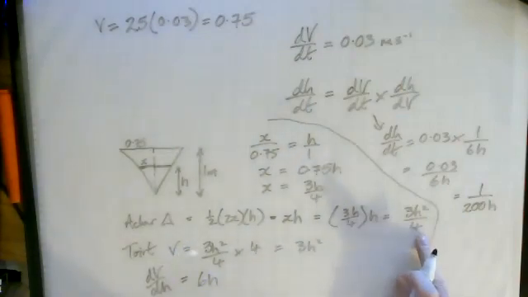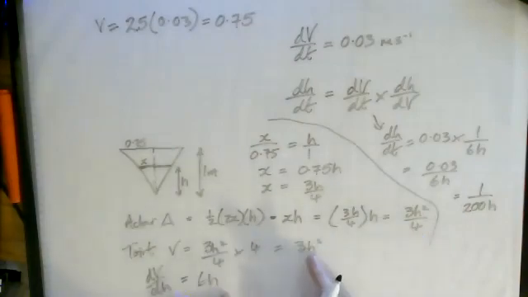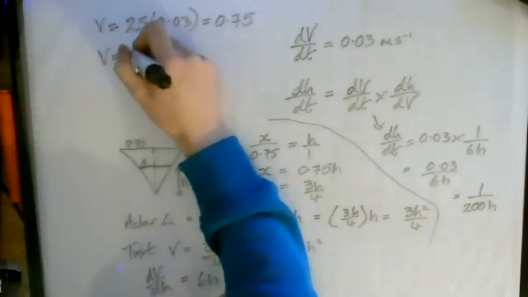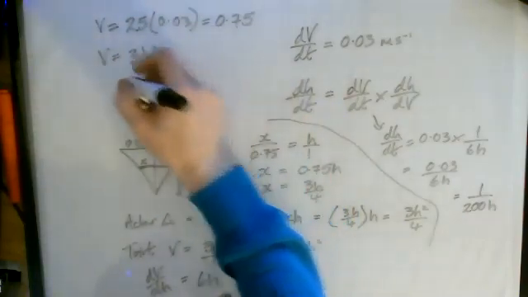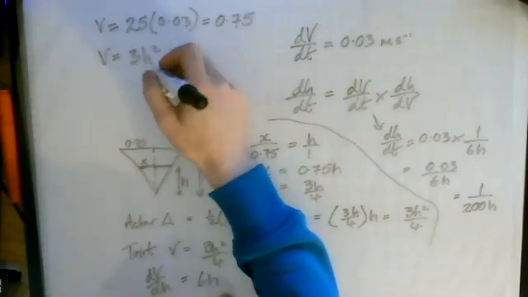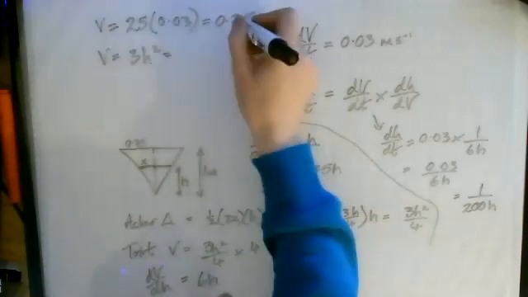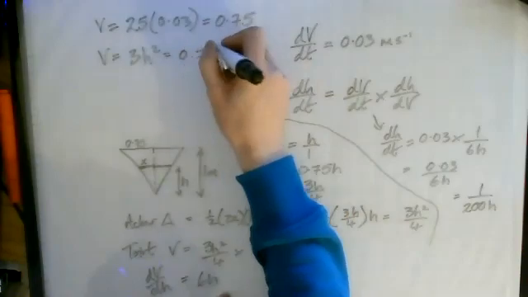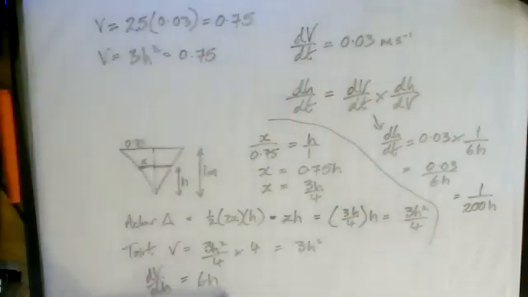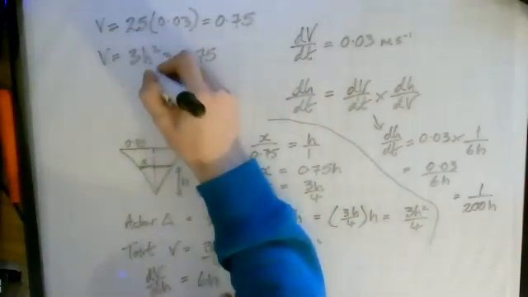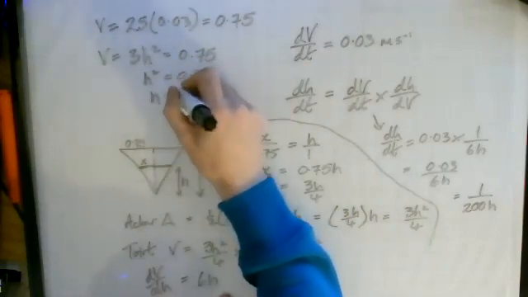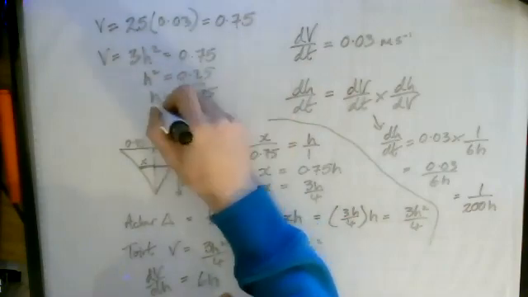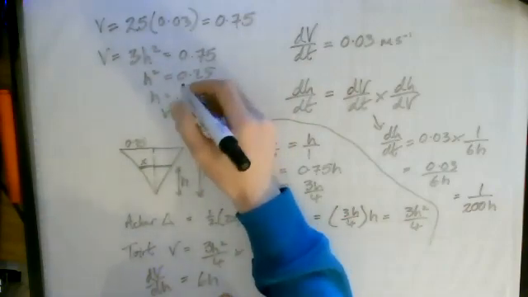So the volume V equals 3h squared, which is 0.75. So h squared equals 0.25, so h equals the square root of 0.25, so h equals 0.5.